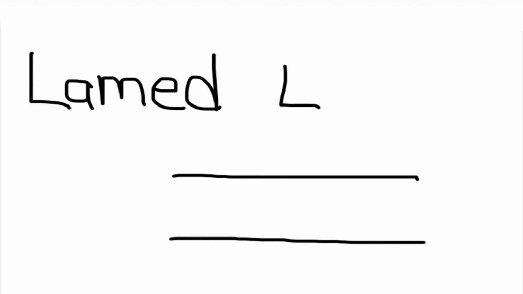If we have lined paper, let's do that. If we have lined paper, now watch closely. The lamed is going to start above the top left-hand corner. Above the top left-hand corner. So this is your left-hand corner, right? Over here.